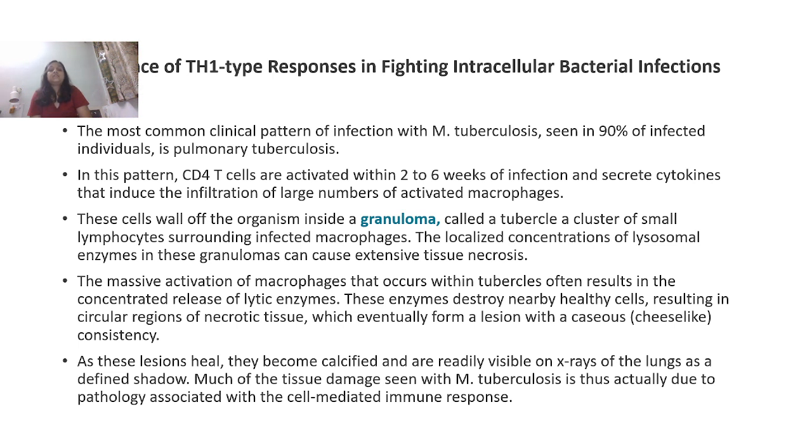In case of this infection, we can see an activation of CD4 T cells within 2 to 6 weeks of infection, and they secrete cytokines that induce infiltration of a large number of activated macrophages. So then what happens?